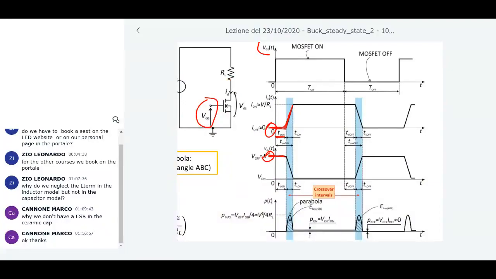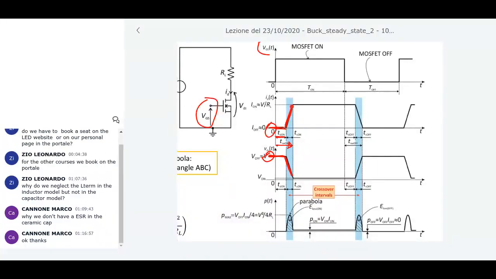As soon as the current increases, the conduction of the MOSFET goes on, and the voltage VDS goes off. Simultaneously, when the current goes on, the voltage goes off. Eventually the MOSFET is fully closed, and during the time interval T switch on, the MOSFET is on.